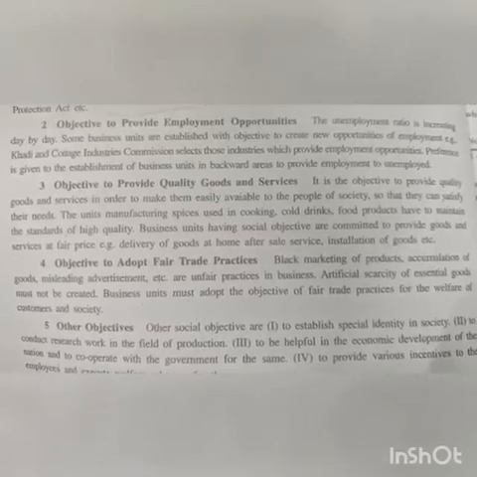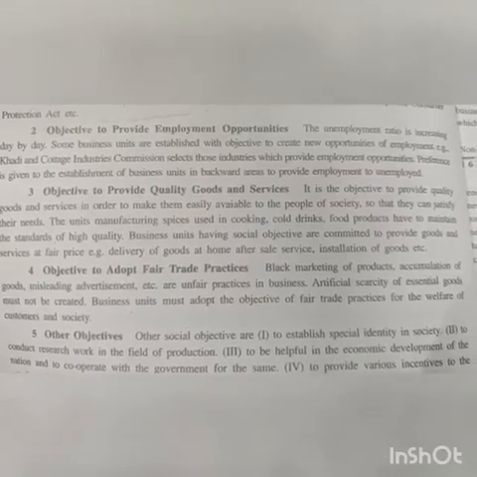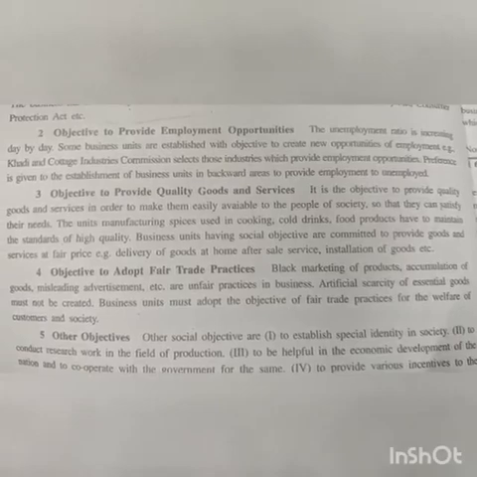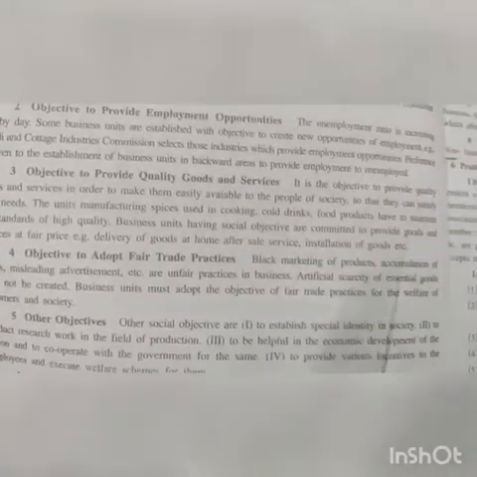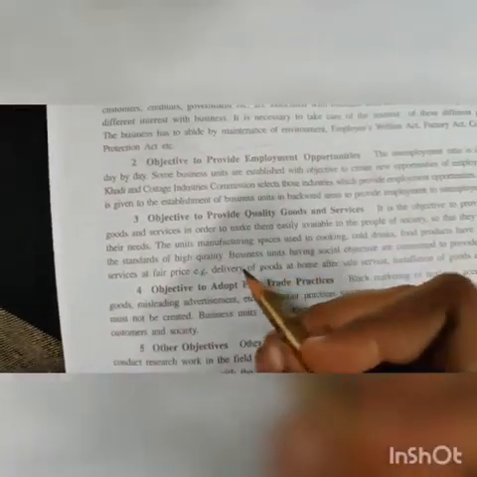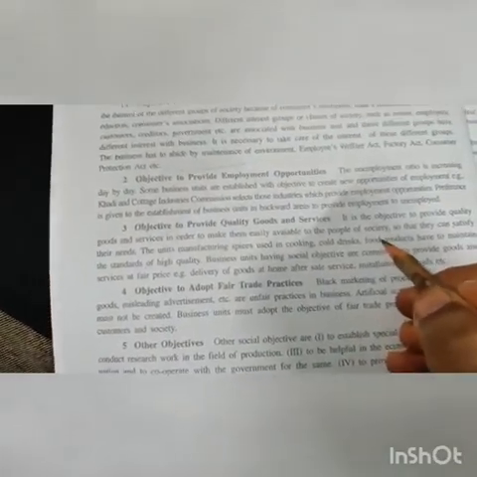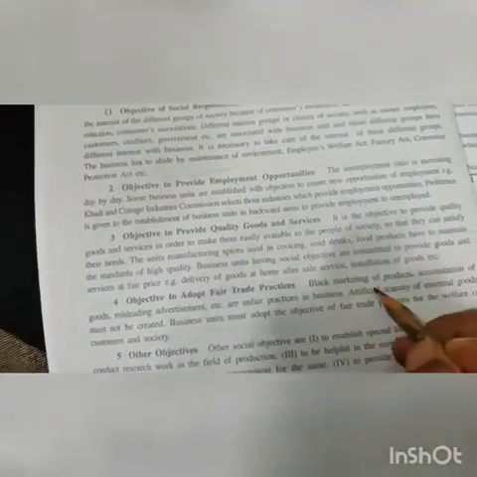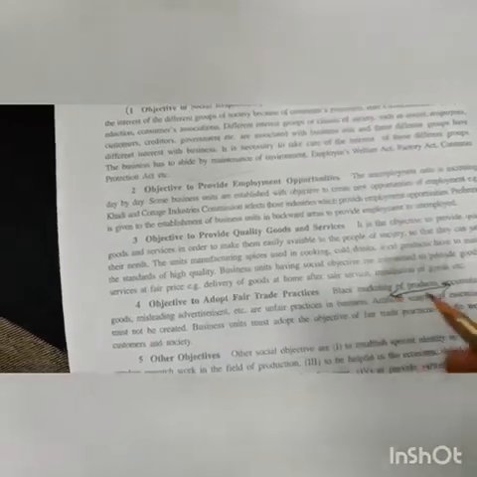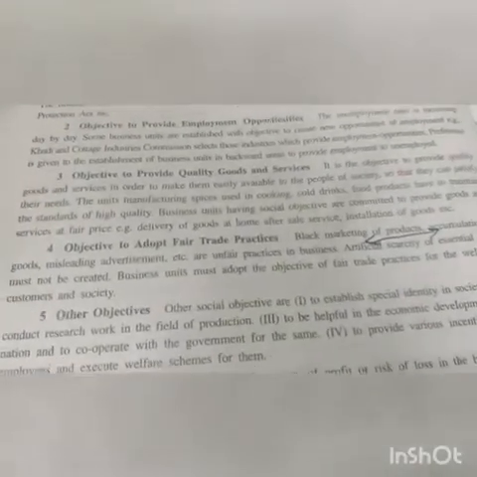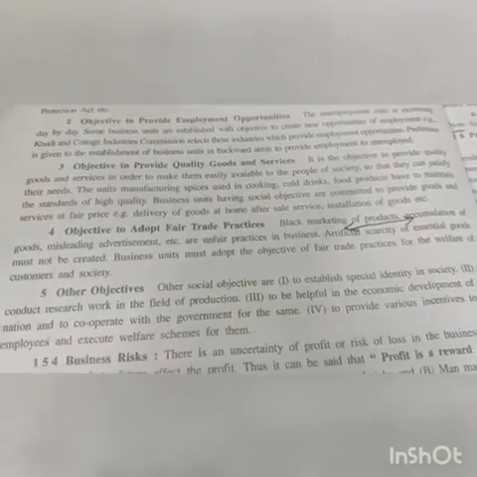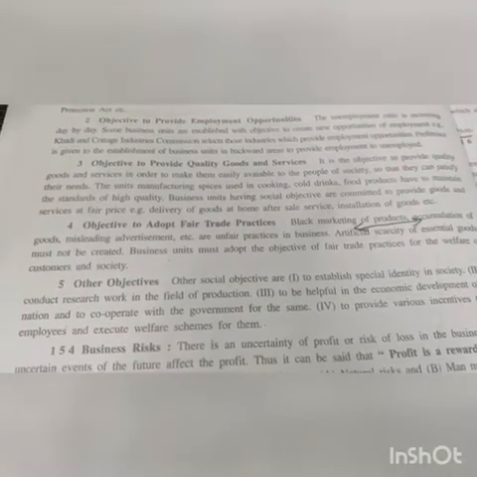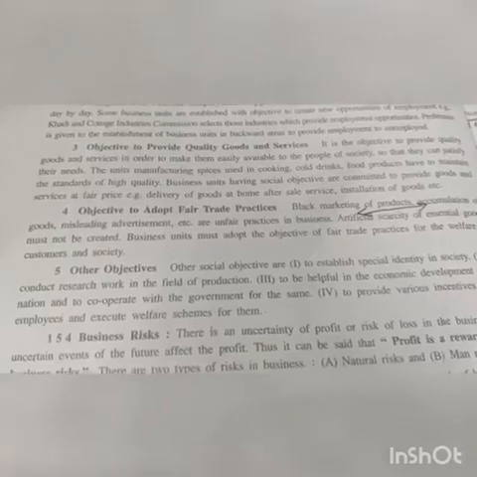Misleading advertisement, that is, wrong advertisement should not be published. Artificial scarcity of essential goods must not be created. Artificial scarcity and accumulation of goods are one and the same. Some businessmen store the goods in their godowns and create artificial scarcity in the market.